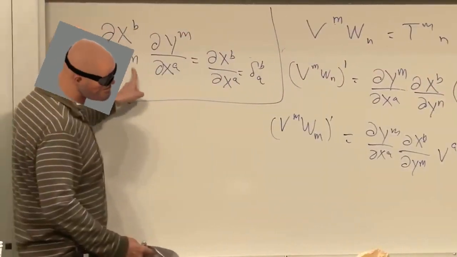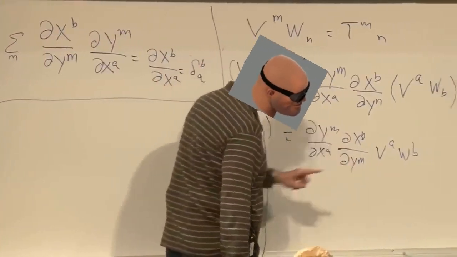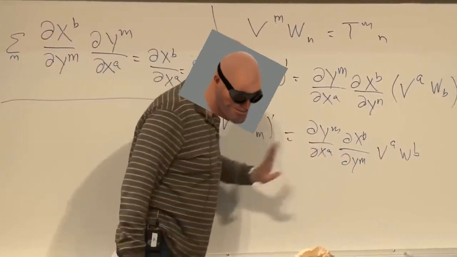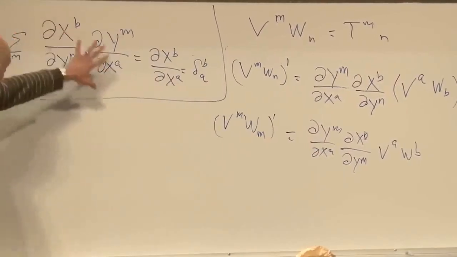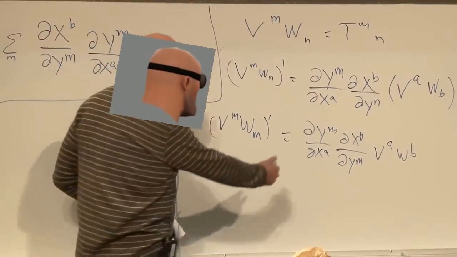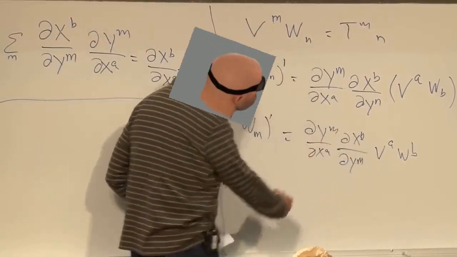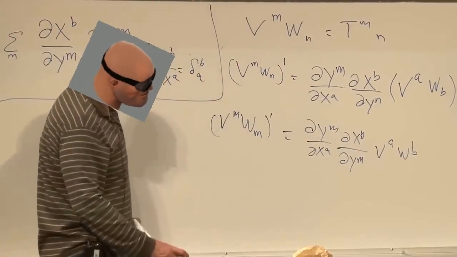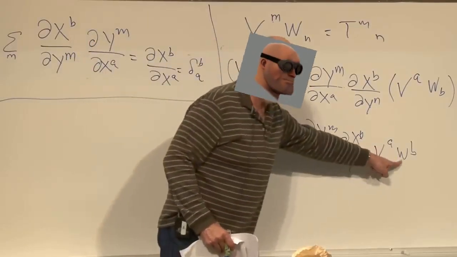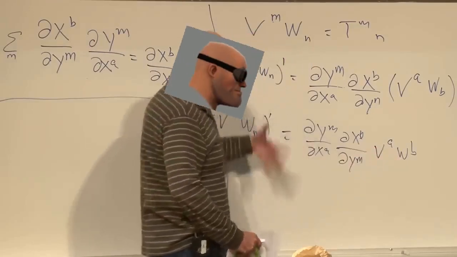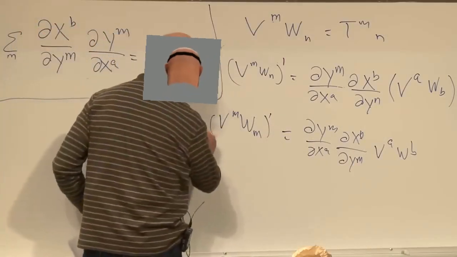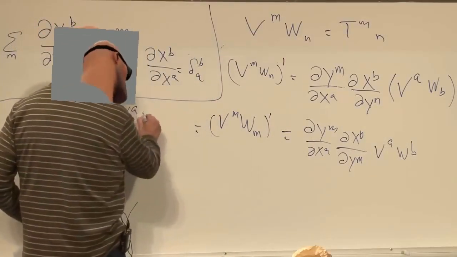Here is dx B by dy M, here's dx B by dy M. Here's dy M by dx A, here's dy M by dx A. And so I have exactly this combination appearing, and that's just delta A B. So this monstrosity over here is just delta A B, and delta A B is simply the instruction to set A equal to B. That's what it is, a little machine which says set A equal to B, and the result is that this thing is equal to V A W A.